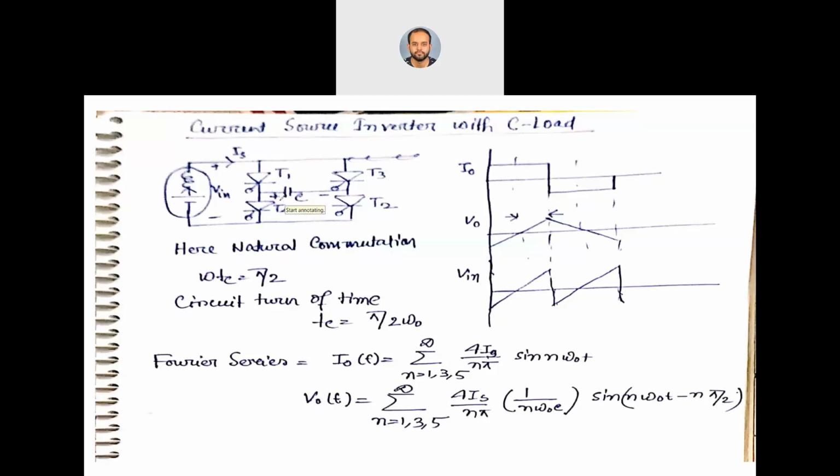The current is flowing in this direction, which means the other thyristor has already been triggered. This thyristor is anti-parallel with it, so this thyristor will be naturally commutated. So this is the thing.